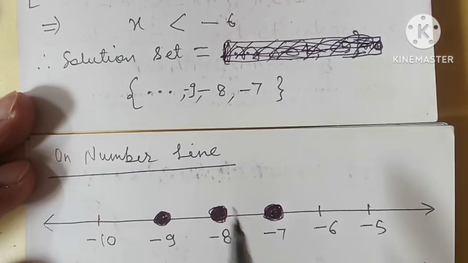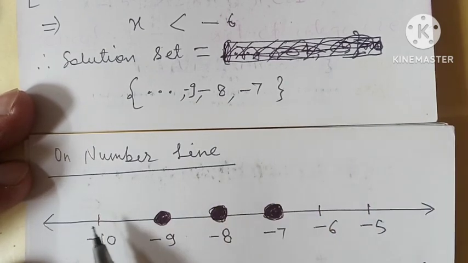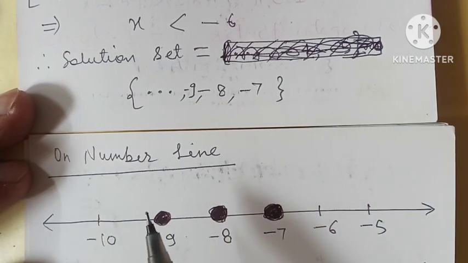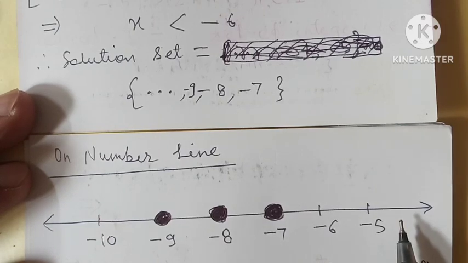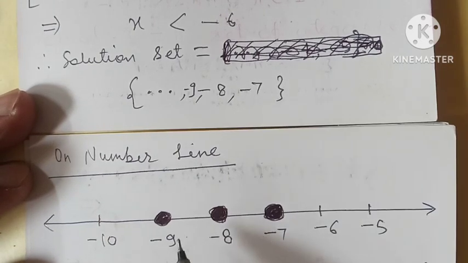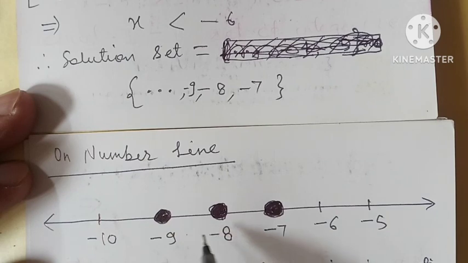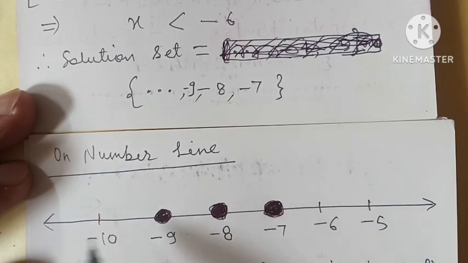Let us represent this solution set on the number line. For that, we have to draw the line using scale and pencil, and we mark these points -9, -8, -7.